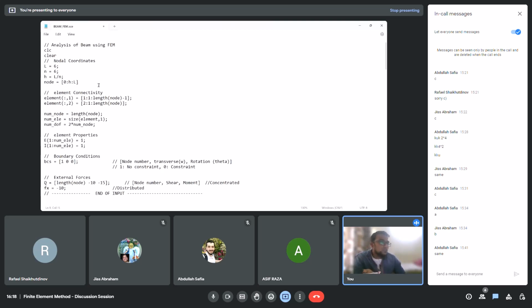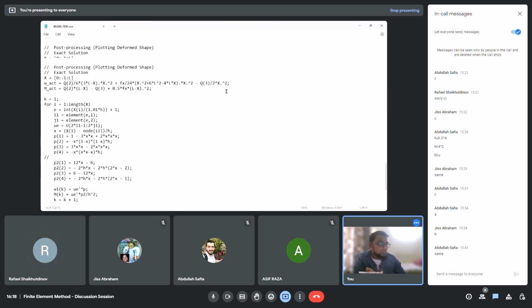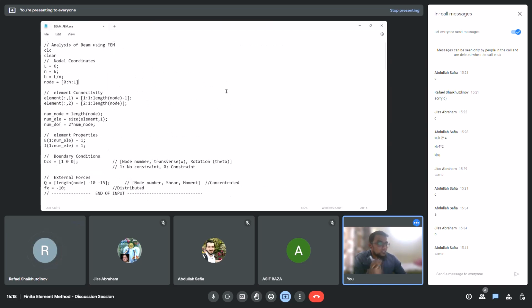Let's go through this Beam FEM code itself, so that we can have an idea what it is giving. I hope the screen is visible. This is the analysis of a beam using FEM, with nodal coordinates. This will be the length of the complete beam, this is the number of elements, and this gives the elemental length of one element.